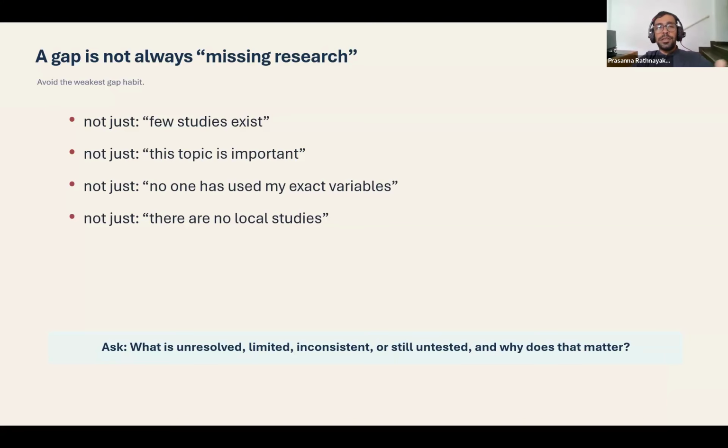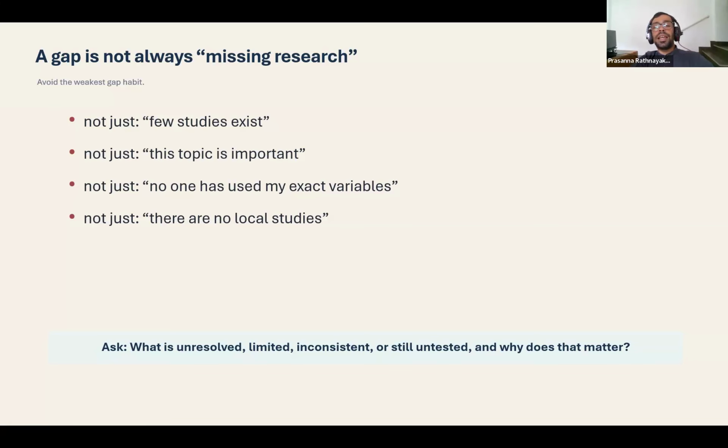So when you read through dissertations and papers, this is going to be a common decorative phrase. But that phrase alone does not create a strong gap. A reader can still ask, which studies? How few? In what context are you arguing? Why does the absence matter? So your reader may be asking those questions.